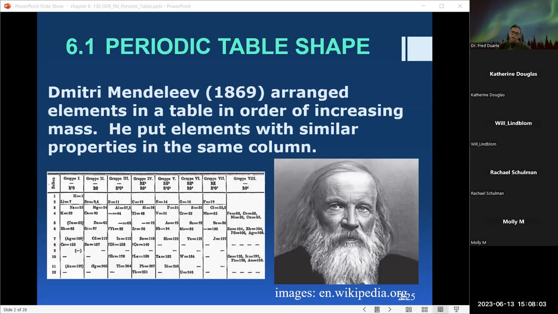And from 92 back, or I should say less than 92, are naturally made. And above that, these are actually man-made. Okay.